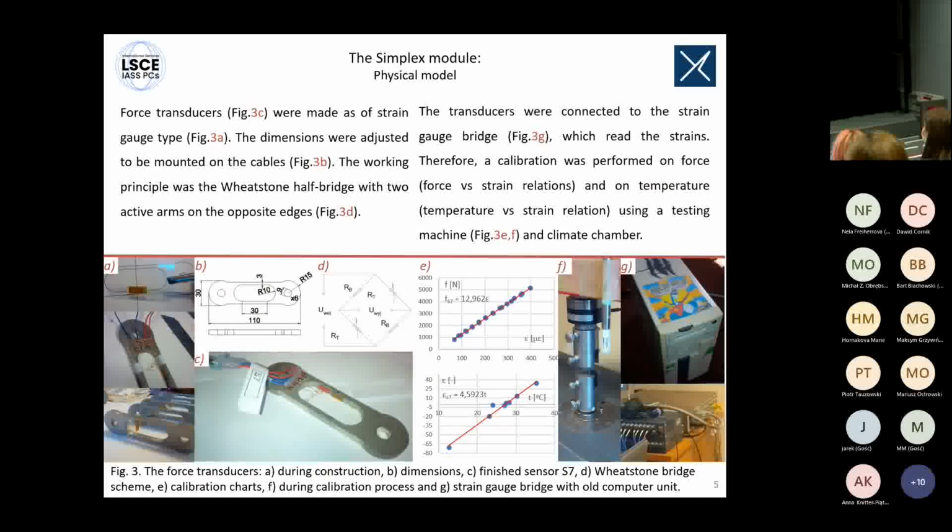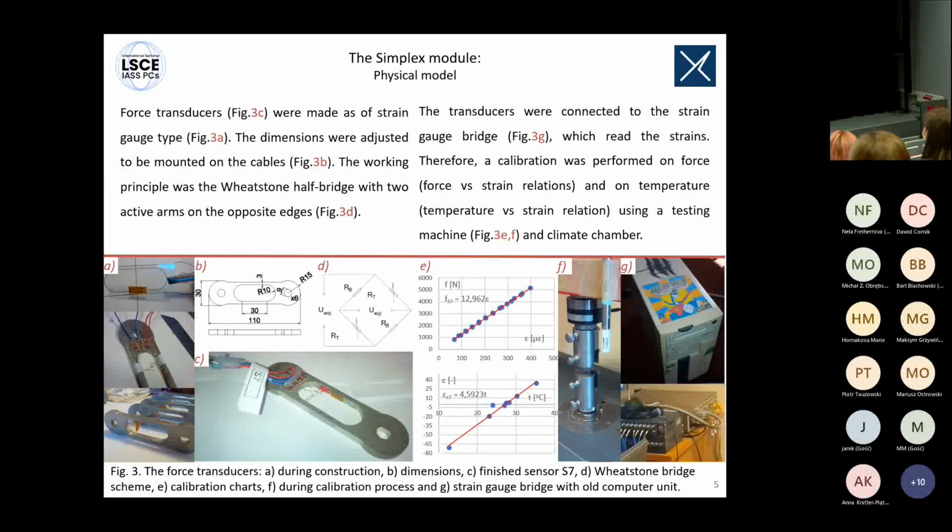The force transducers were built by us, and they were water cut from a steel plate. The principle of work was the Wheatstone half bridge. We have 2 active arms, which means 2 strain gauges glued on the inner surface of the body of the force transducer.